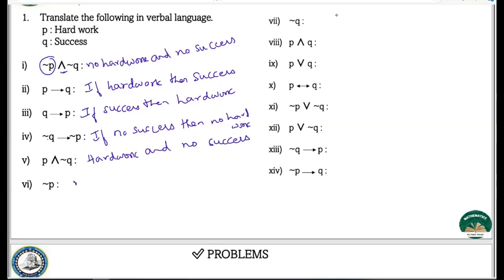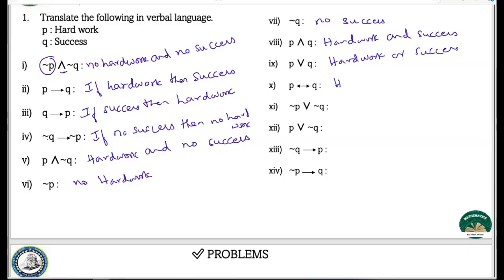Then negation P: no hard work. Then negation Q: no success. P and Q: hard work and success. P or Q: hard work or success.